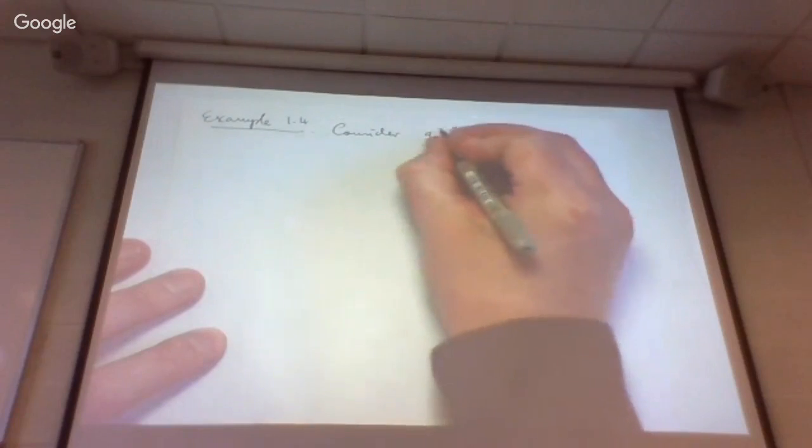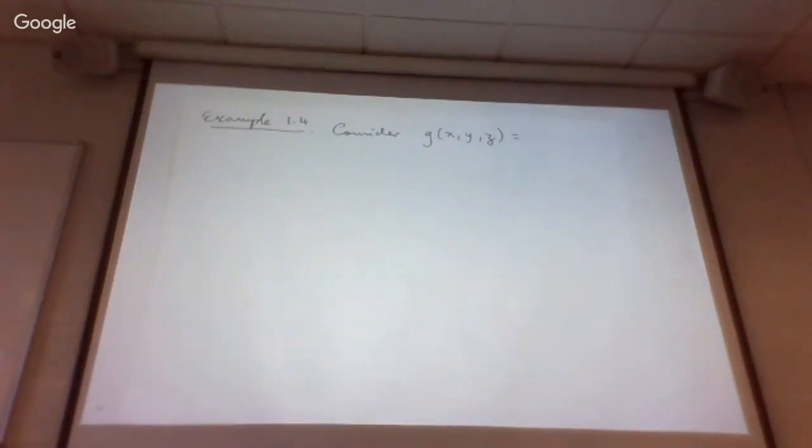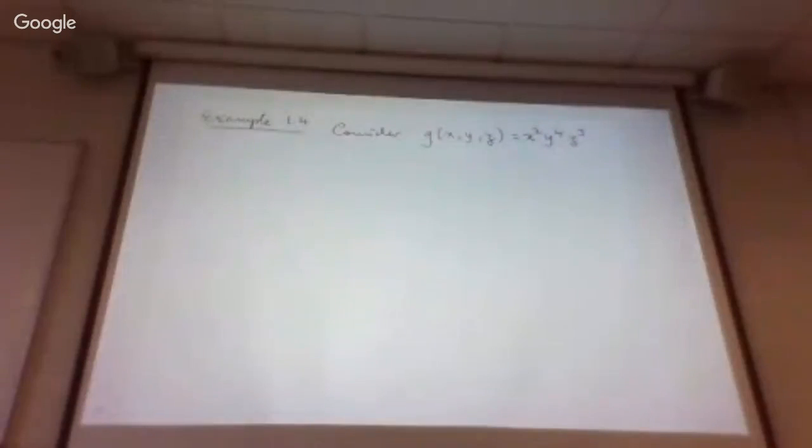So consider this function g of x, y, z. Now I've kept it very simple. It's just a polynomial, x squared, y to the 4, z cubed. Well, this is going to have 3 different first-order partial derivatives, because as we understand there's 3 independent variables for the function g.